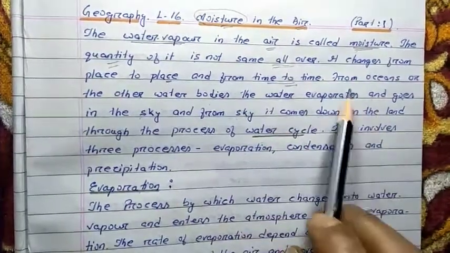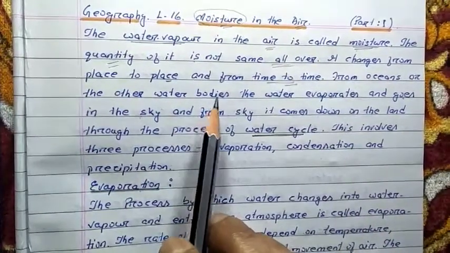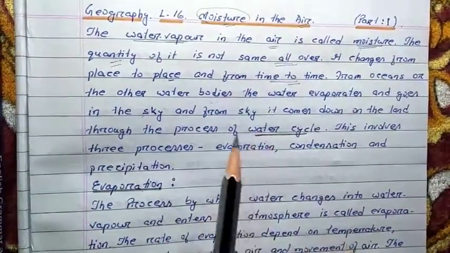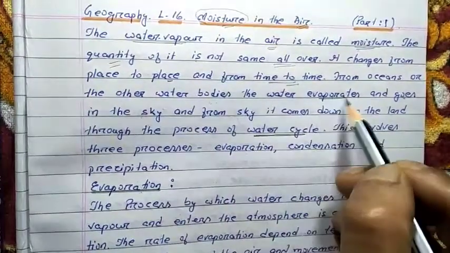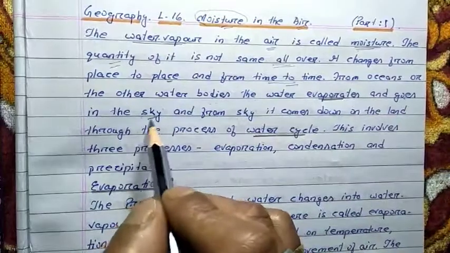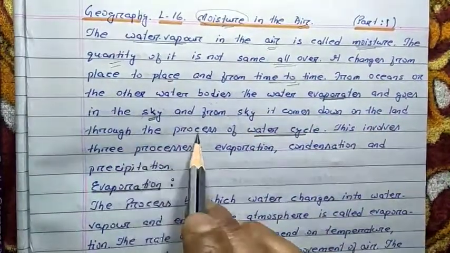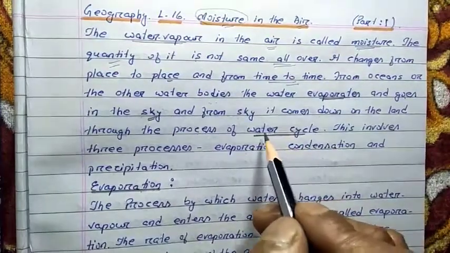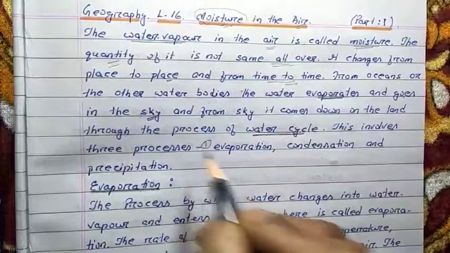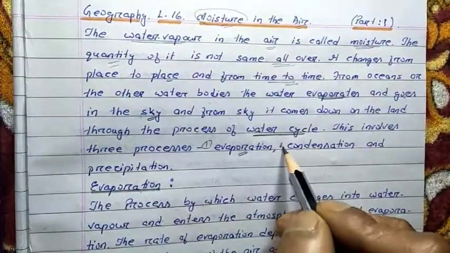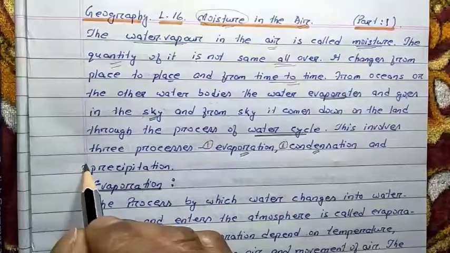You just need to know one thing: on the earth's surface different water bodies are there, and because of the sun's heat the water from these bodies gets evaporated and goes into the sky, and from the sky again it comes down on the land through the water cycle. Three processes are involved in the water cycle: number one is evaporation, the second is condensation, and the third is precipitation.